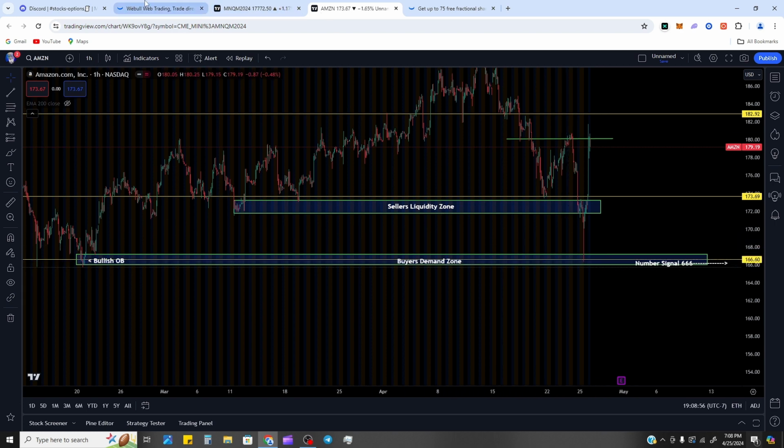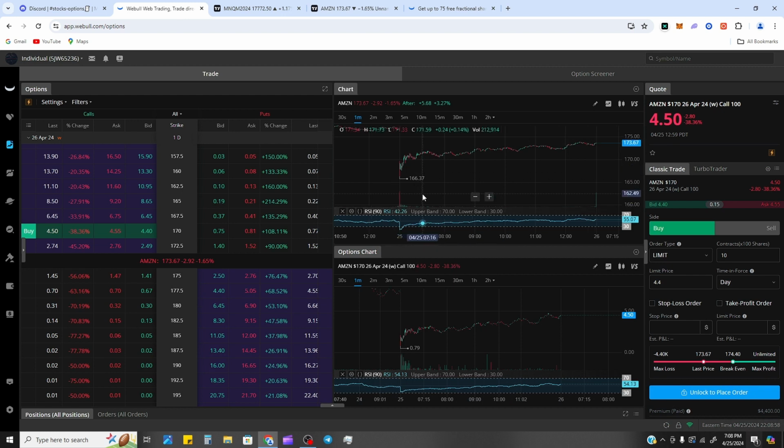So let's go ahead and look at our actual Webull chart. So price came down there at that moment, right before the market opens. The only thing we're looking for is which contract we should be purchasing to get the most for our money, or to make sure that we can actually make money off of the move.